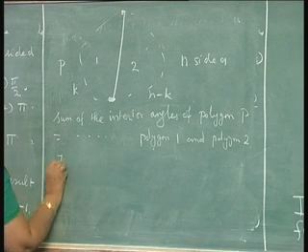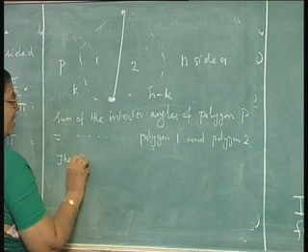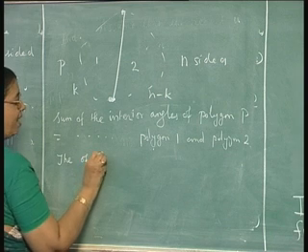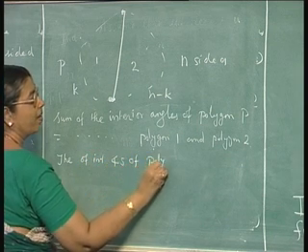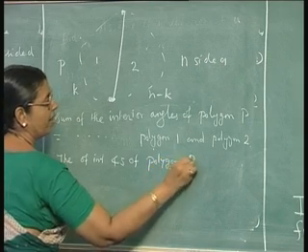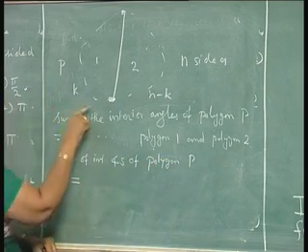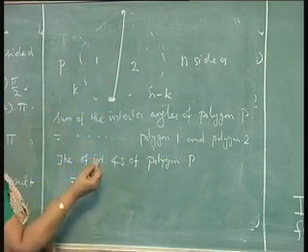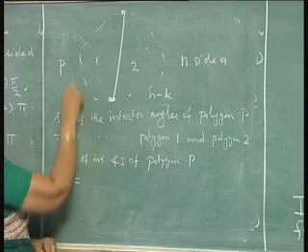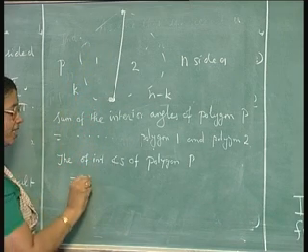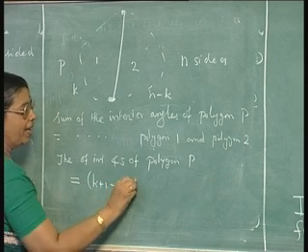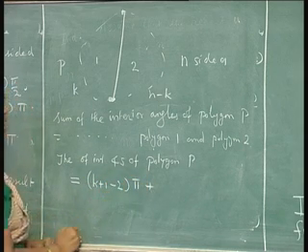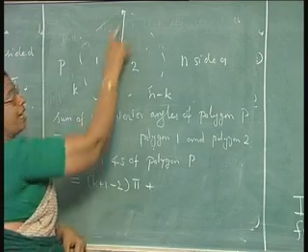So, the sum of the interior angles of polygon P is equal to, what is the sum of the interior angles of this polygon? This has k plus 1 sides. So, that is k plus 1 minus 2 into pi. And what is the number of sides for this?